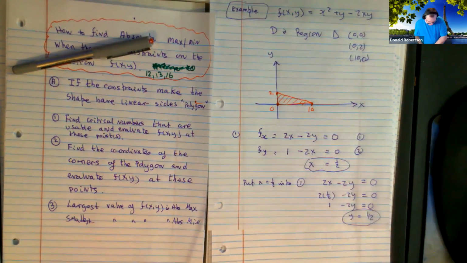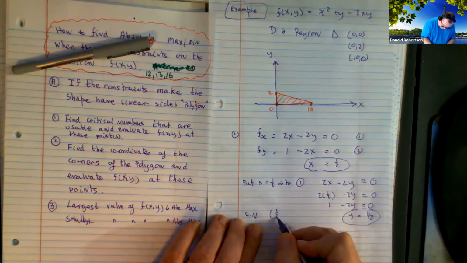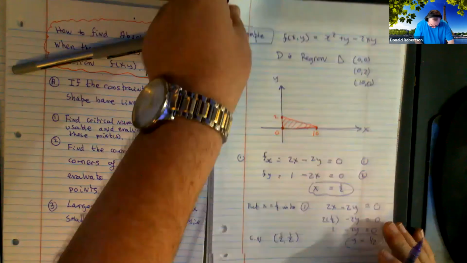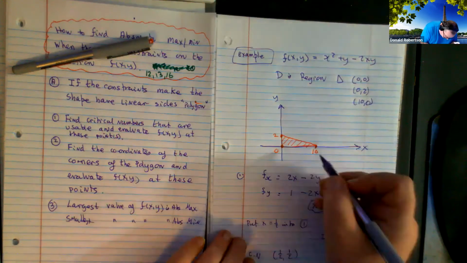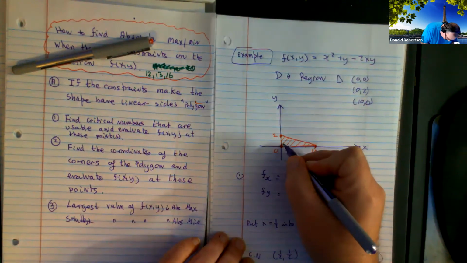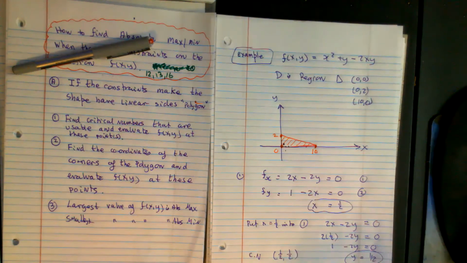So in this story, isn't there only one critical number? It's the point 1/2, comma 1/2. Now I should check that that's in that region. And I know I have a horrible scale, but would you agree a half, comma half is probably there? Would you agree it's safely inside the triangle?